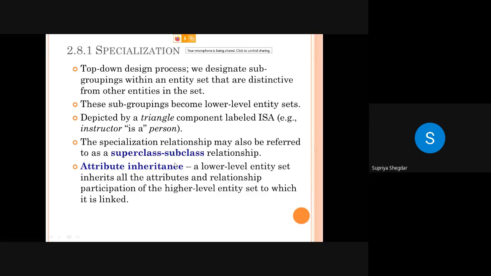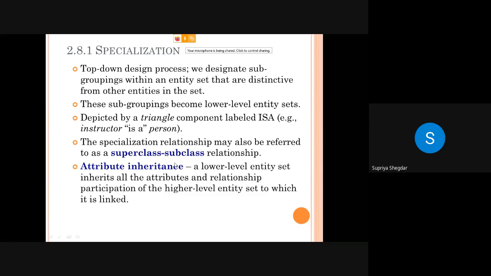And if we use the attribute inheritance, means what? For the instructor entity set, there will be four attributes. Okay, four attributes means two attributes of the instructor itself, that is name of the instructor and the phone number of the instructor, plus it inherits the attributes of the person entity set, that is the ID of the person and the address of the person.